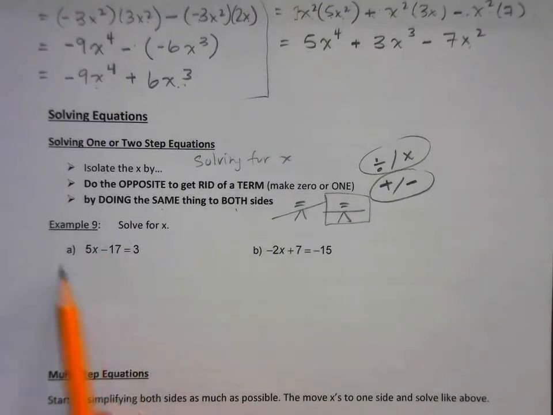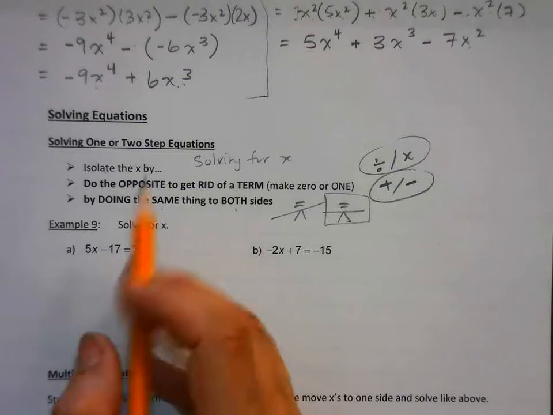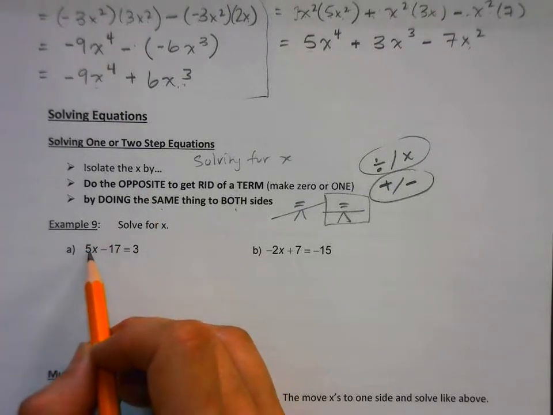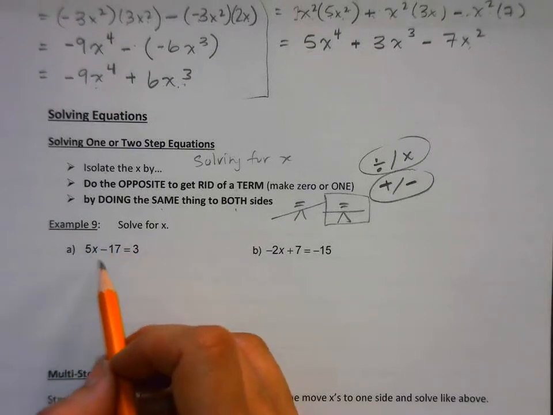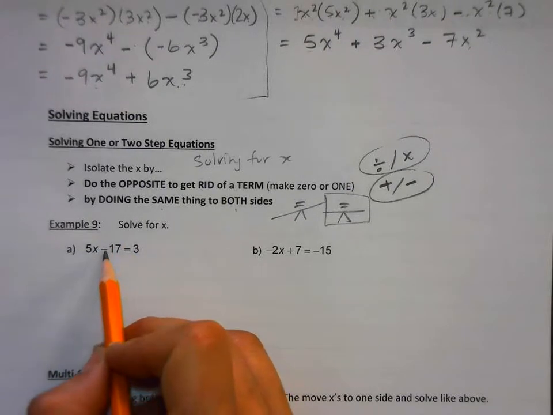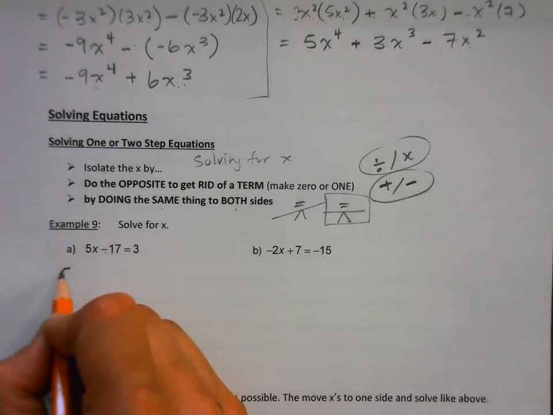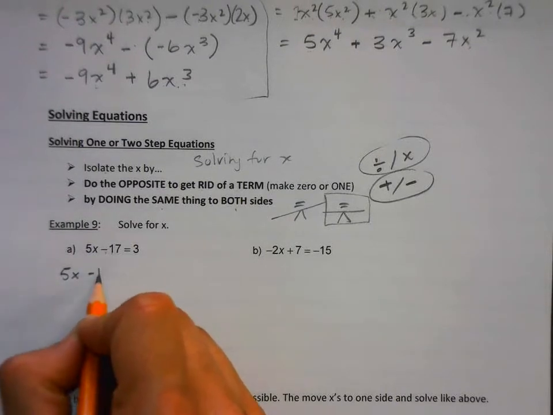Okay? So when I look at this right here, I want to get x by itself. I'm not going to worry about the fact that there's a 5 in front of it right now. First, I want to just get its term on its own. So I look at this negative 17, or subtract 17. What is the opposite of subtracting? Well, the opposite of subtracting is adding.